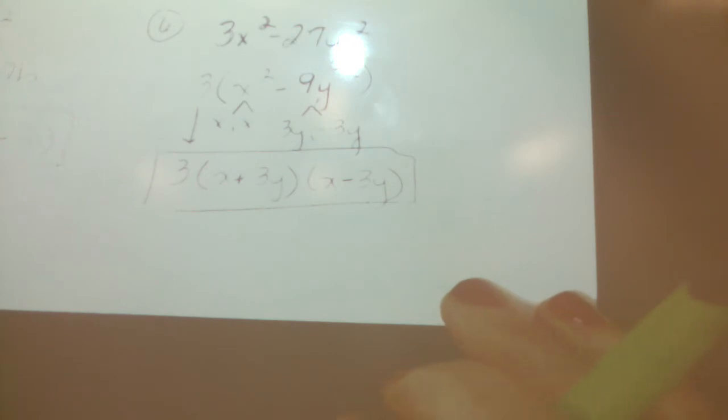Last one, number 7. I've got 20x squared y minus 45x to the fourth y cubed.